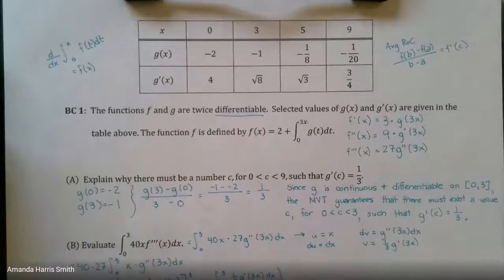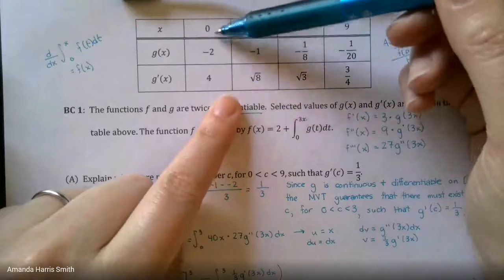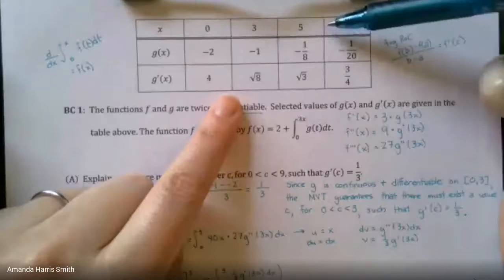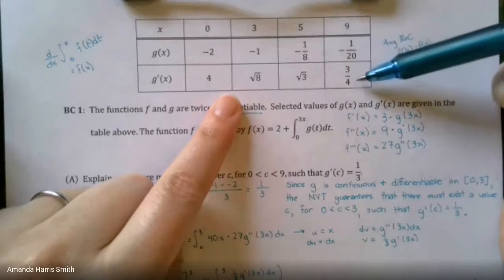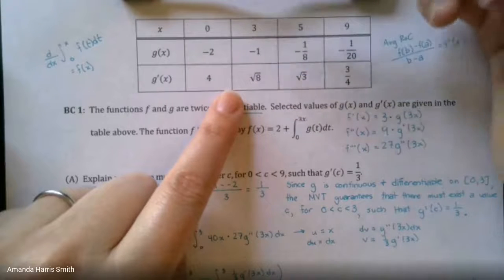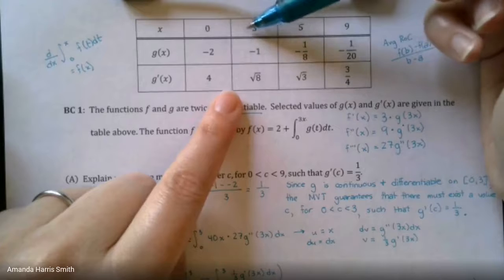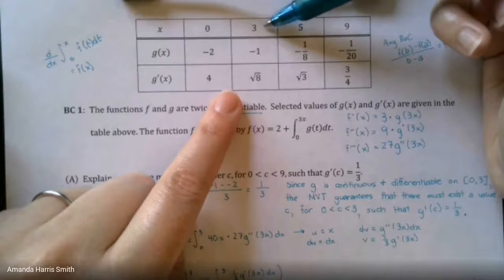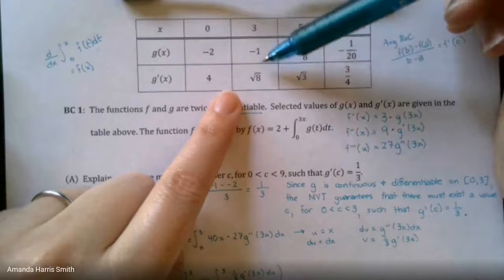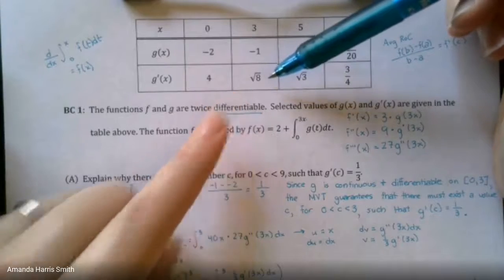Okay, we need g prime values from 0 to 3, and then we're going to do 3 to 5, and then we're going to do 5 to 9. So for 0 to 3, when it says right-hand rectangular, you use the width, which is the change in x, which here is going to be 3, right? And then here it will be 2, and then here it will be 4. And then you're going to pull the number from the right. That's all that right Riemann sum means.